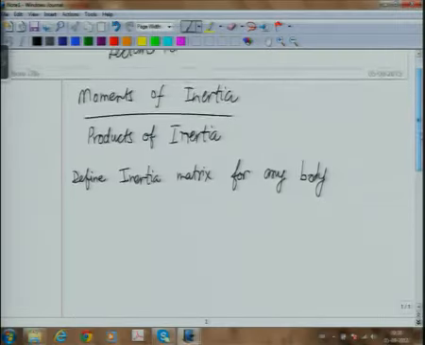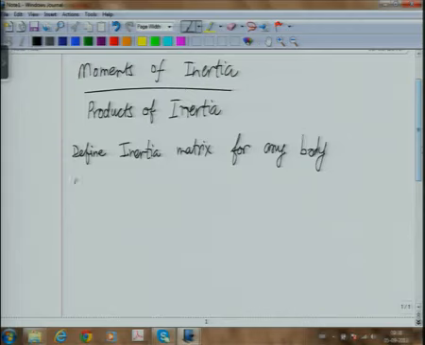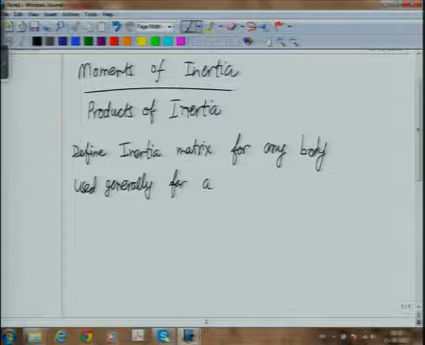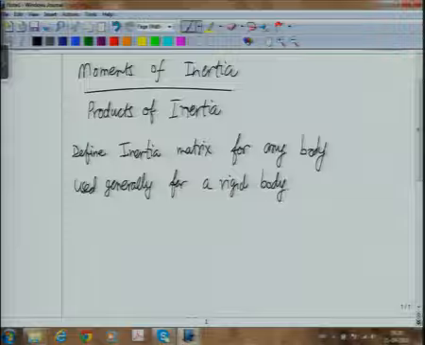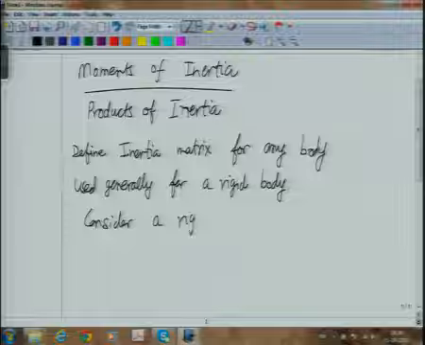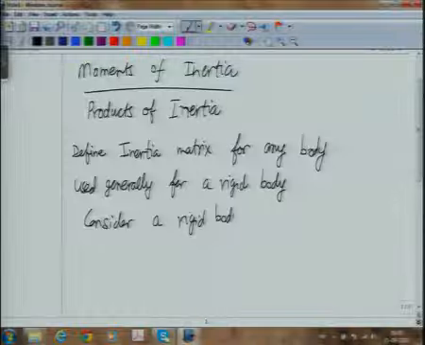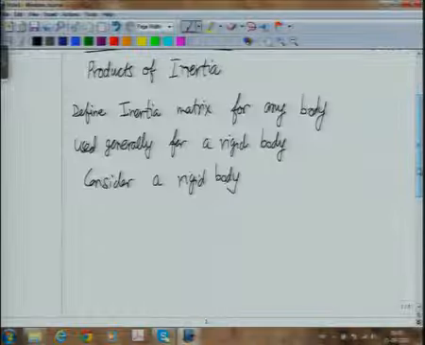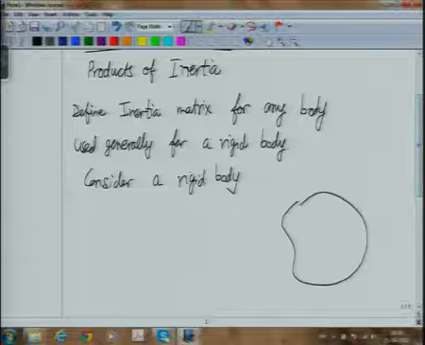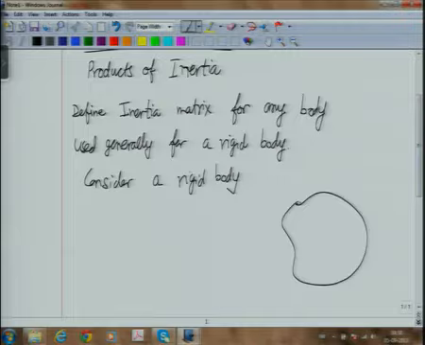So let's consider a rigid body. So we have some body of arbitrary shape. This is a rigid body.